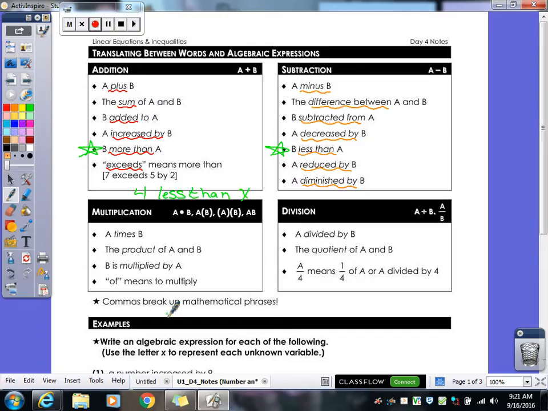When I say you need to flip the order, that means the 4, even though it's written first, would come after the subtraction sign, and your x goes before it. Less than and more than means you need to flip that order. So it happens with more than also, like this one, b more than a means the b comes after and the a would go first. So less than and more than, they flip.